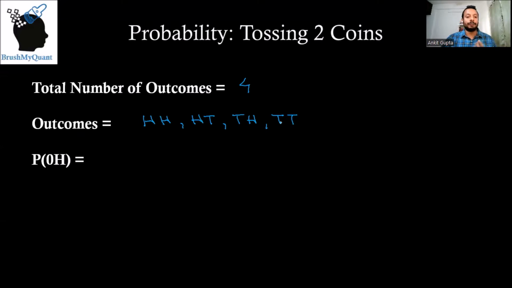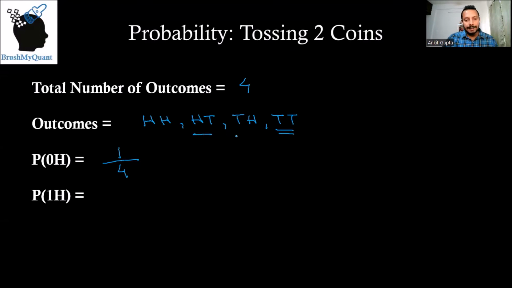Now, what is the probability of getting 0 head? Out of all of these 4 outcomes, there is only one case in which we don't have any head, right? So number of successful outcomes becomes 1 and total number of outcomes becomes 4. So probability of getting 0 head is equal to 1 by 4. Now, what is the probability of getting 1 head?